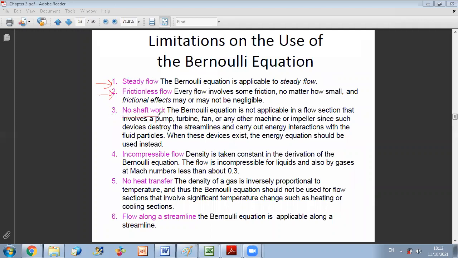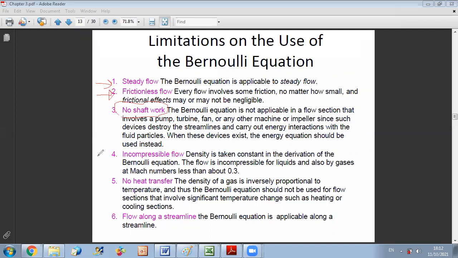I should not have shaft work, so I cannot apply Bernoulli within a turbine or a pump, because if I have a fan or a shaft, this will destroy my streamlines, and this will lead to certain interaction with the environment. So I can have loss of energy or gain of energy. So I cannot apply the Bernoulli equation.